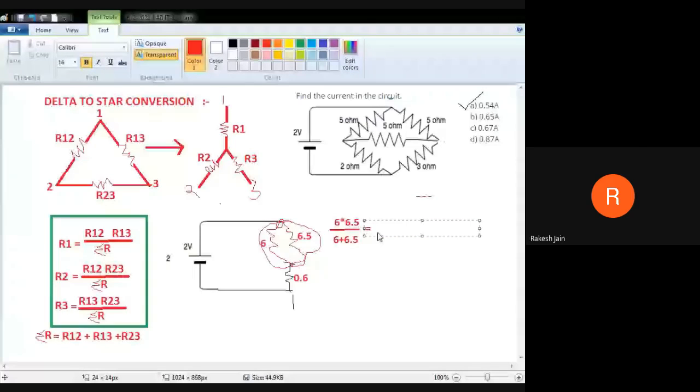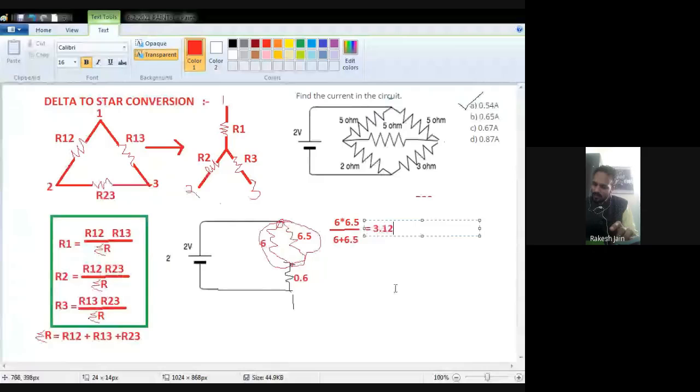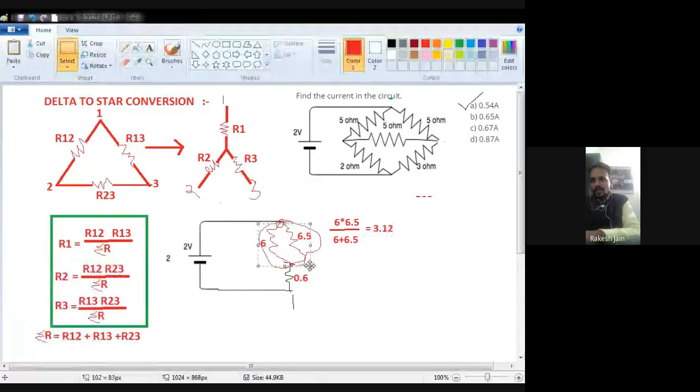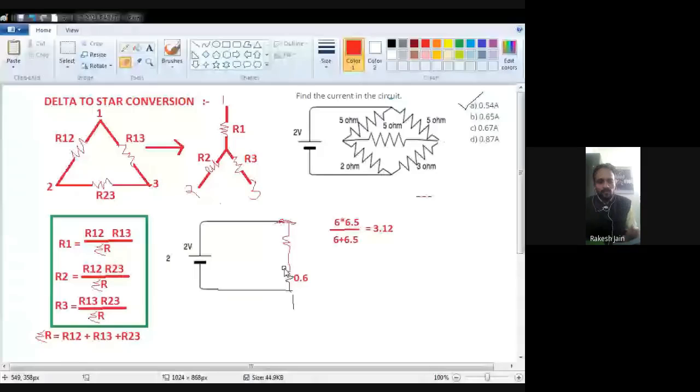and this 1.5 ohm resistance, both are connected at this point, and another point is somewhere else. So they are in series completely. So 5 plus 1.5, that is 6.5. Now these two resistances will be removed because they are in series, and instead of them a 6.5 ohm resistance will come.